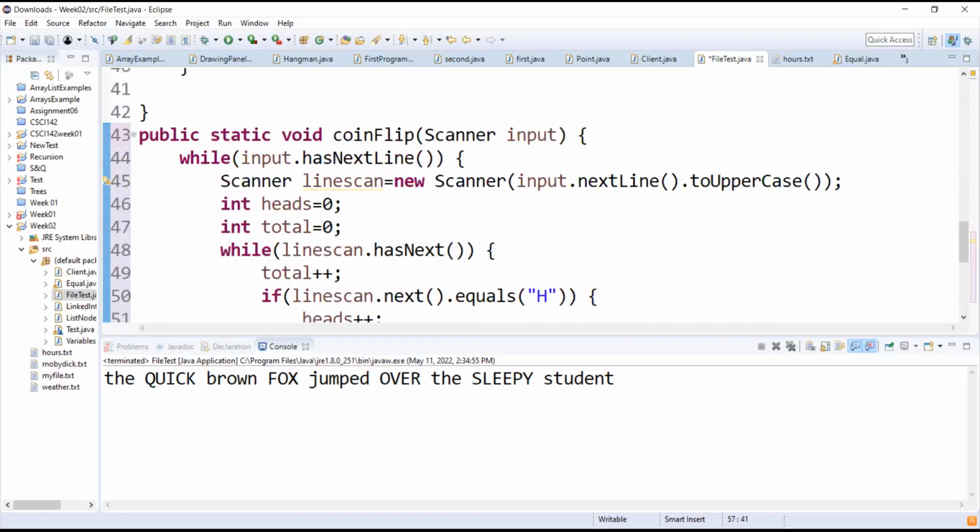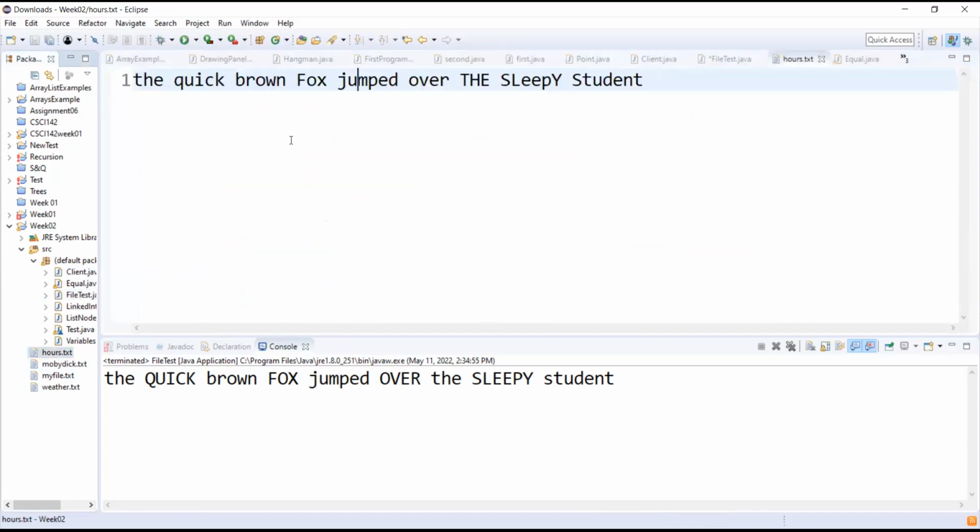I think that's it. Let's test our file, because let's put some data in our file to test if our data is correct or not. Let me pull up the data we have. I'll change it to hours.txt, the same file.